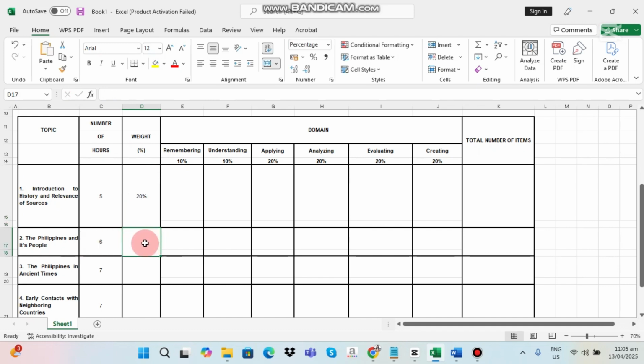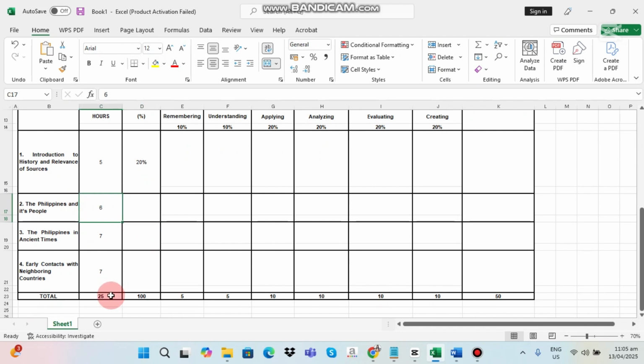And then same process, 6 divided by 25. And then we are going to multiply that by 100. And of course, we get 24%. And then for 7, we have 7 divided by 25.